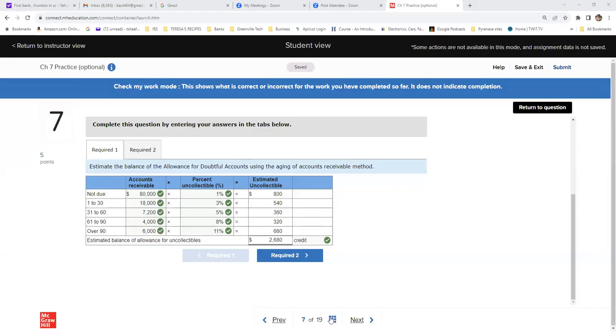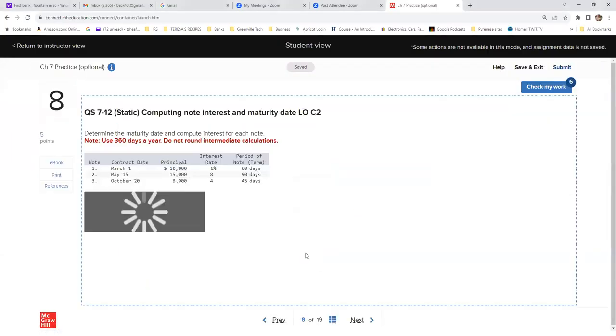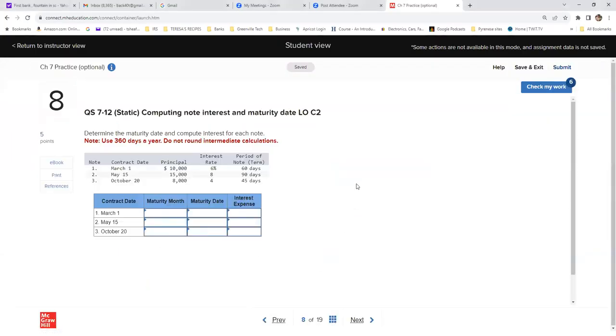Okay, number 8. Computing note interest and maturity date. On this one, we've got to figure out what the maturity month is going to be and then what the date is going to be. The first one is 60 days.